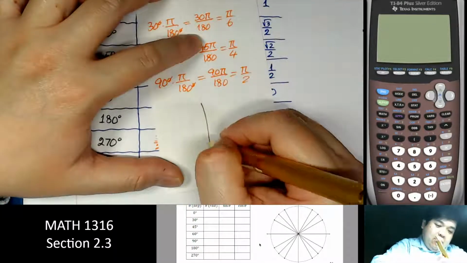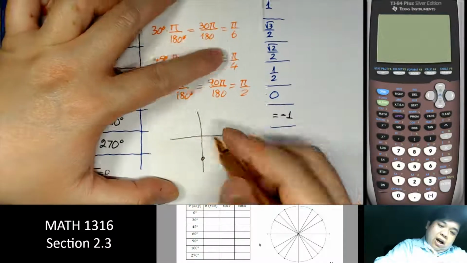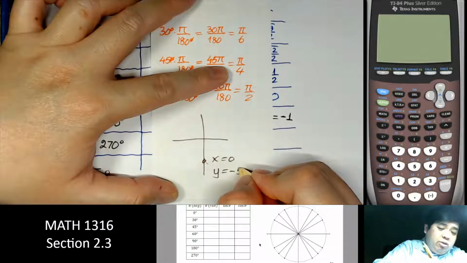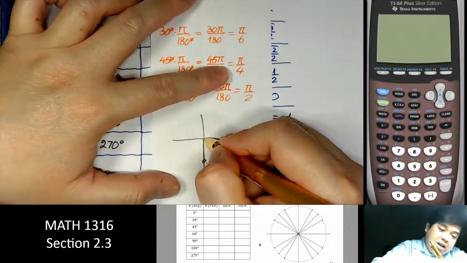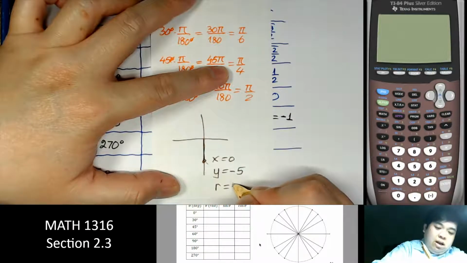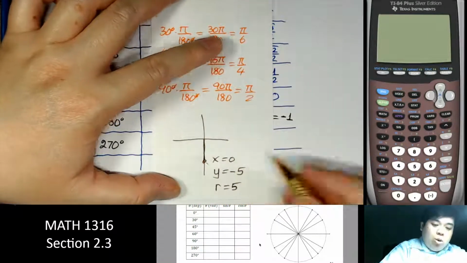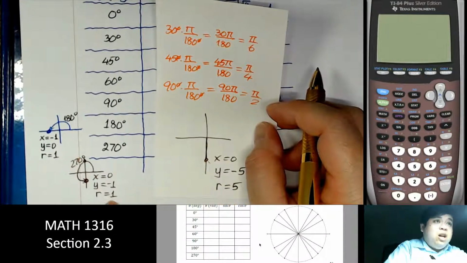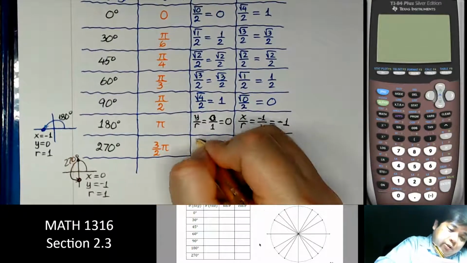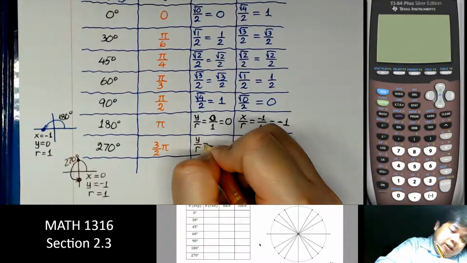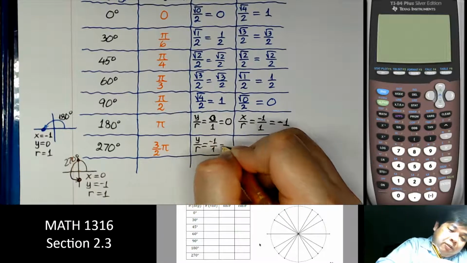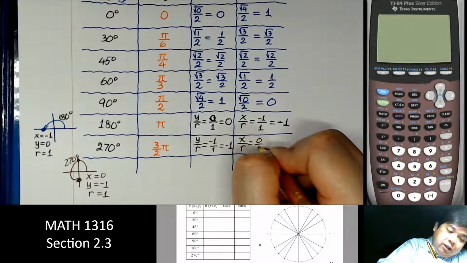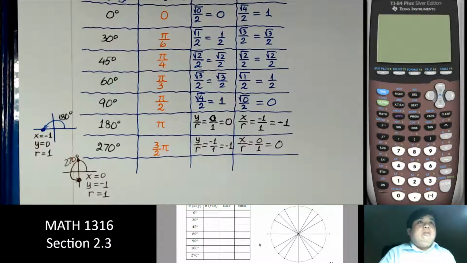Actually, if it is over here, x is certainly 0, and y we could choose any negative, like -5, and then r, that distance, is 5. R is always positive. But instead of choosing a random -5 or 5, I choose -1 and 1, and the ratio will be y over r, -1 over 1, -1, x over r, 0 over 1, 0. So we have those special values.